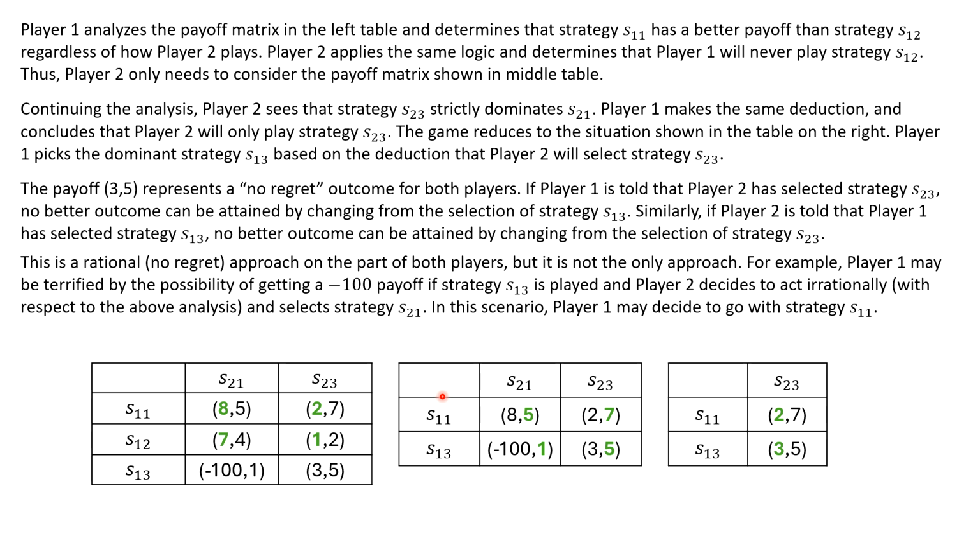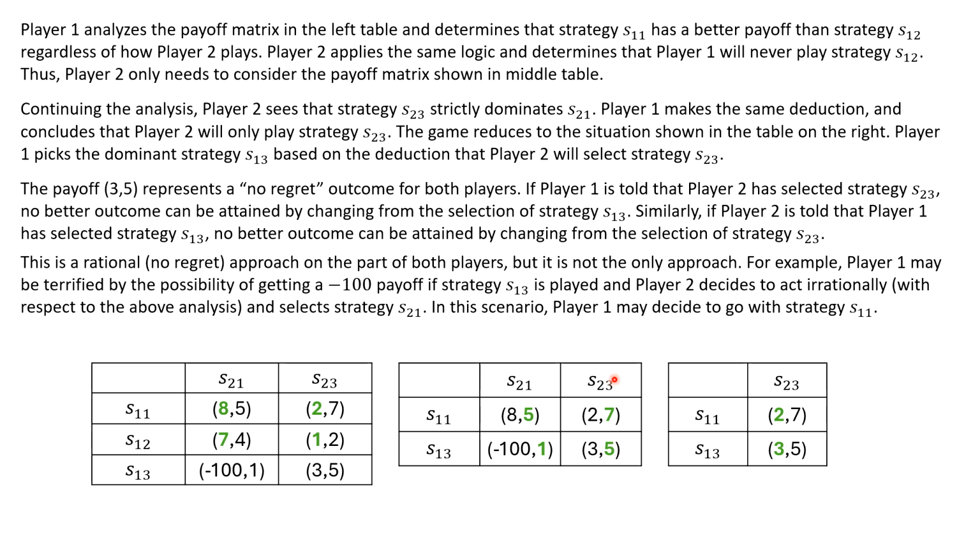They're not able to communicate, but they can reason logically. And so the deduction from player 2 is that player 1 is not going to play strategy 1,2. And so that brings us to this matrix here.